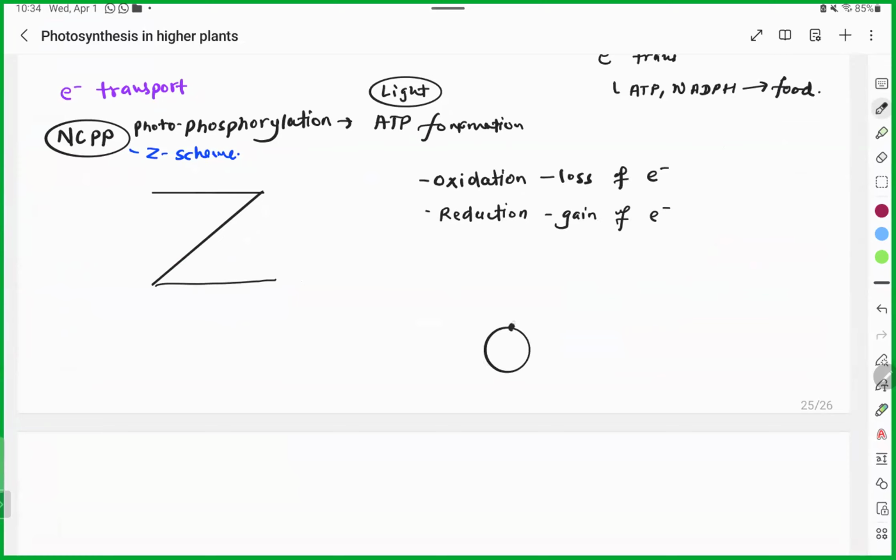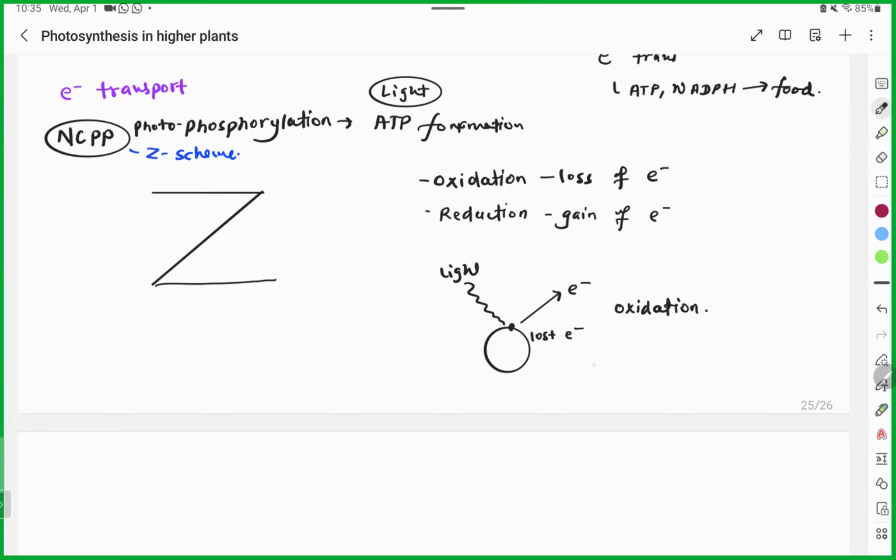This is the outermost electron. When light falls on this, this electron will come out. Photoelectric effect, correct? From the dual nature of matter. So if an electron comes out, this atom lost an electron, so it will undergo oxidation, due to the photoelectric effect.